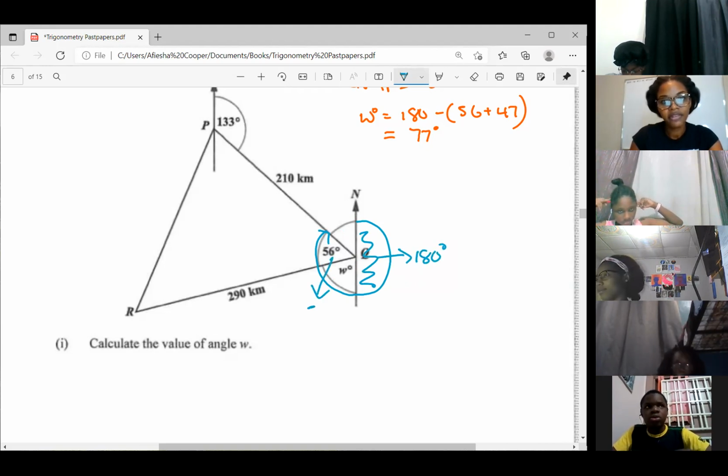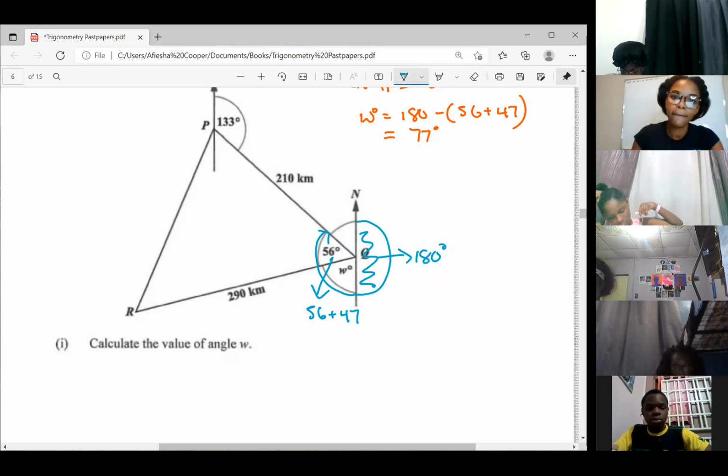And then 56 plus 47. So what's the total bearing there? 313.